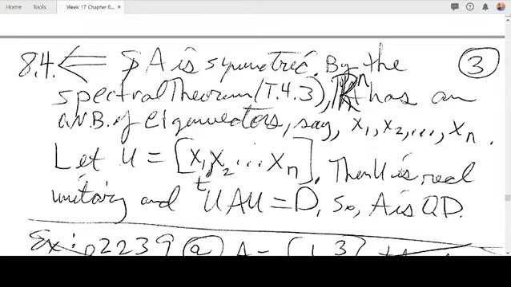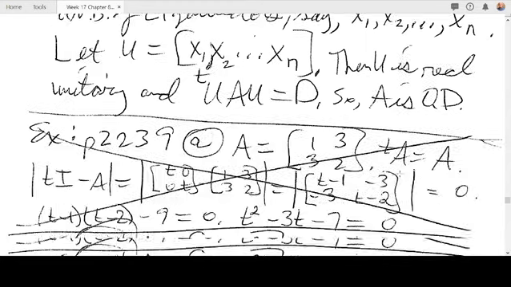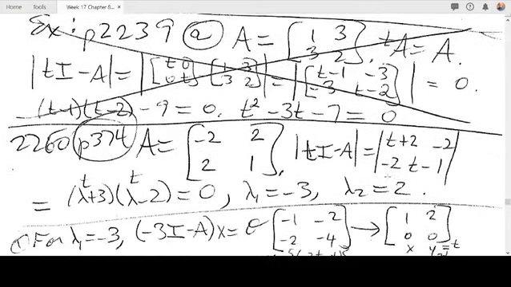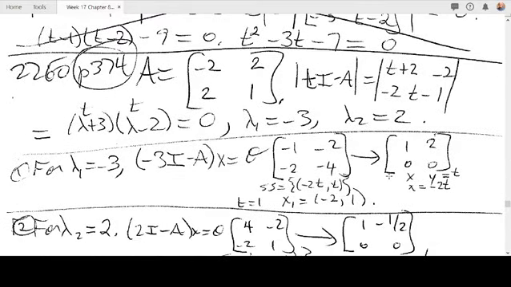Let U be the matrix whose columns consist of these orthonormal eigenvectors, x1 through xn. Then U is a real unitary matrix, and U transpose A U equals the diagonal D, meaning that A is orthogonally diagonalizable.